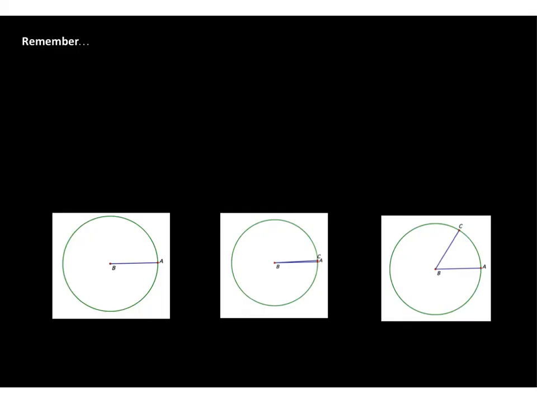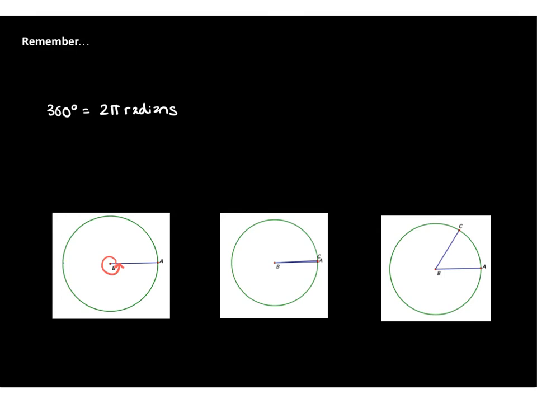So we're just going to take a visual look at some of these angles that we've been working with. So let's remind ourselves, 360 degrees is equal to 2 pi radians. So a full turn on a circle like that, going round, takes us to 360 degrees, or 2 pi radians.